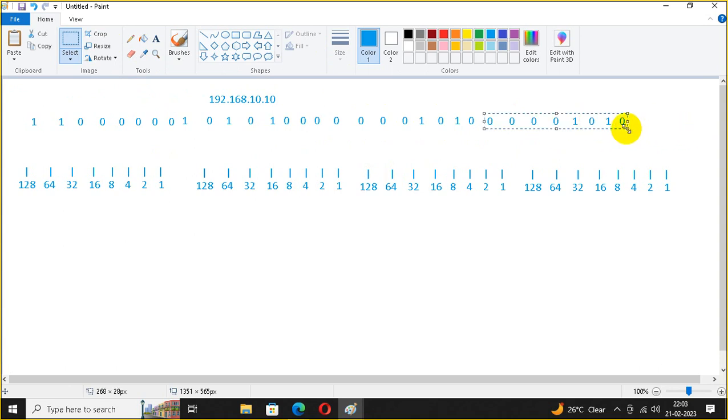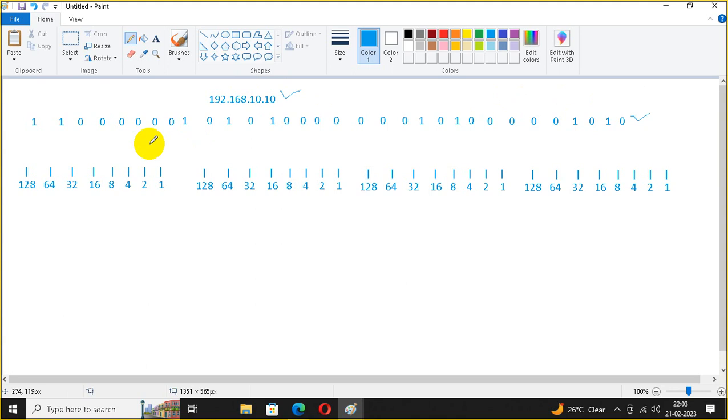This is how the computer understands. So this is what we call decimal, and this is what we call binary. We assign an IP in the system in decimal, and the computer translates it into binary. Did you know machine language?